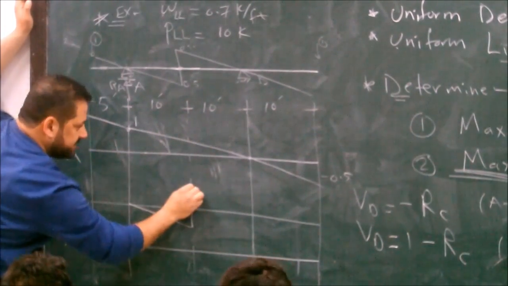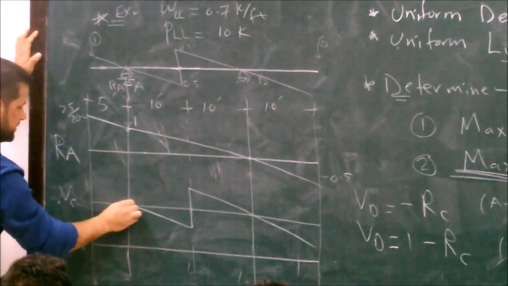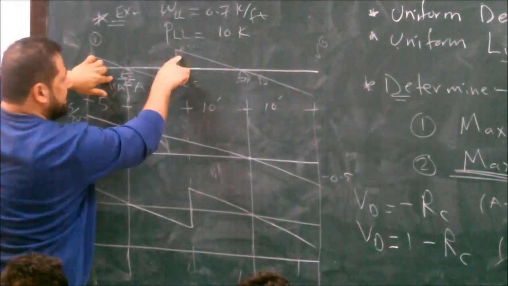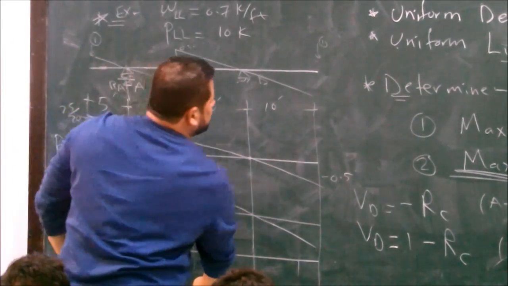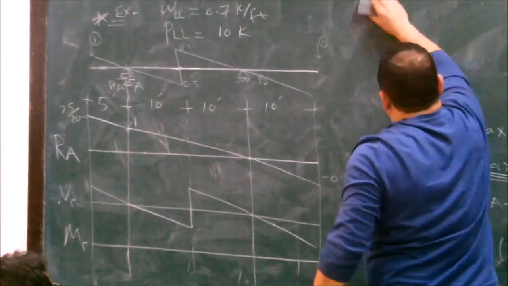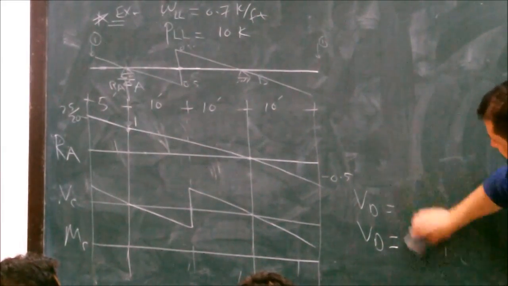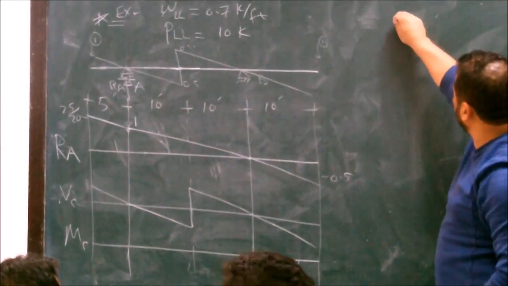You should have a picture in mind of what the shape looks like. We can check it. How do we check this one? By taking a cut here. So our cut will be the following.